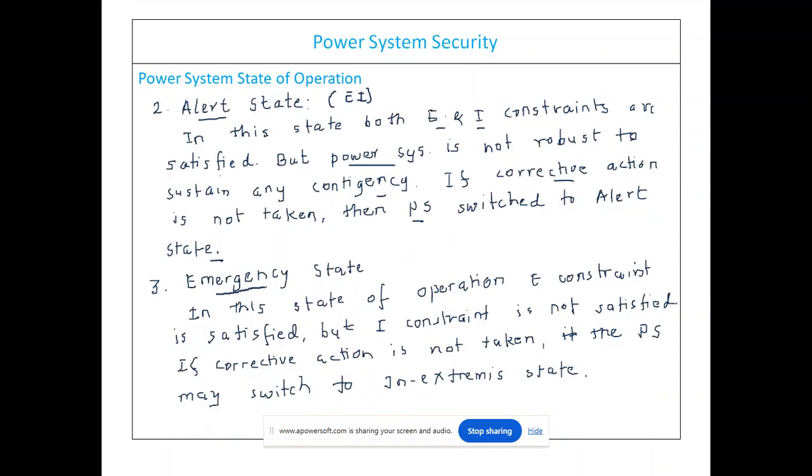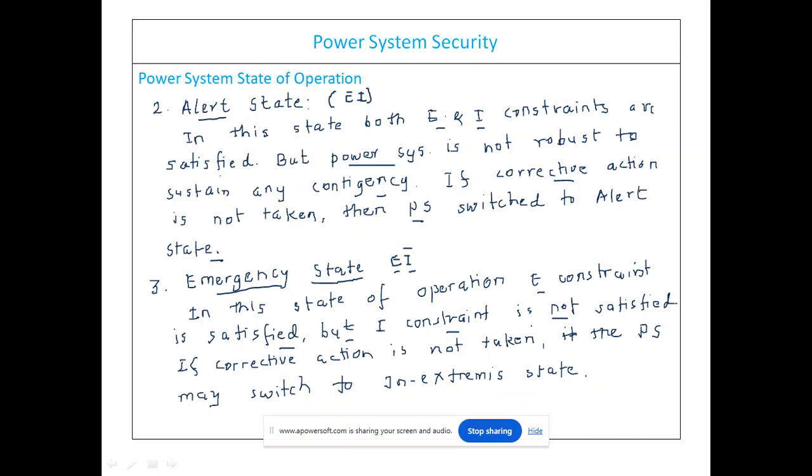The next state of operation is the emergency state. What is this state? This is called E I bar. Means what? The E equality constraint is satisfied, but the inequality constraint is not satisfied. So it is written here, in this state of operation the E constraints are satisfied, but the I constraint is not satisfied.